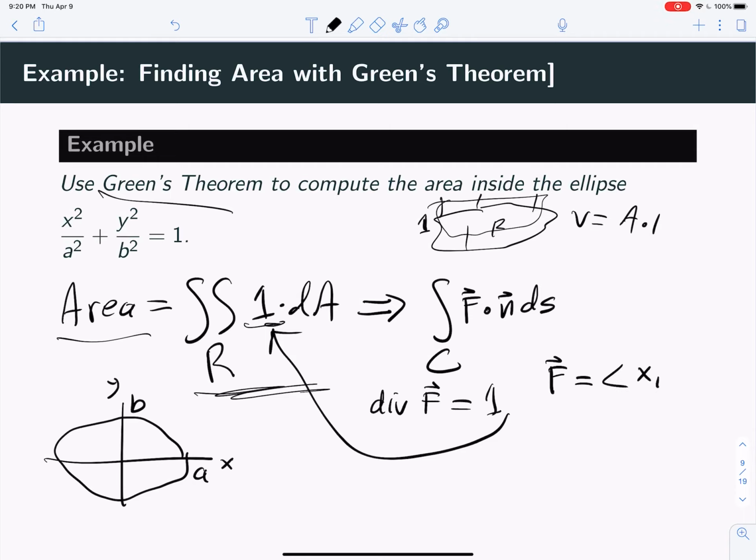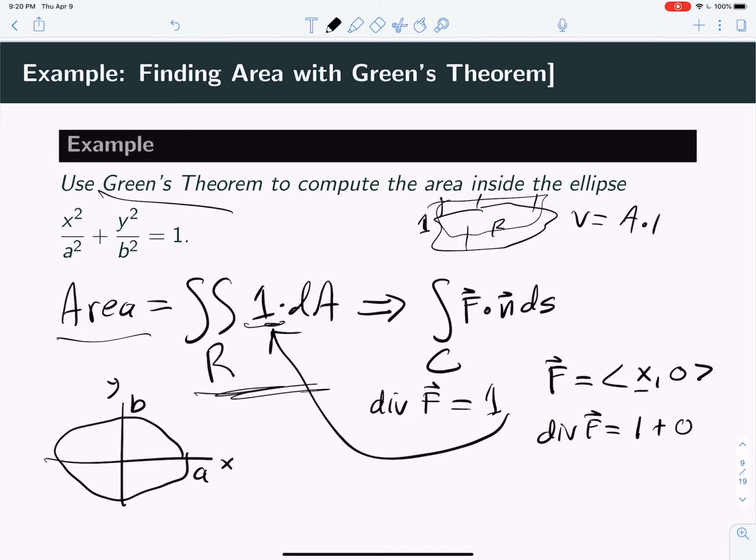Well, how about the vector field x, 0? If I take the divergence of that vector field, I'll take the partial derivative with respect to x and get 1, and the partial derivative of 0 with respect to y, that'll be 0.